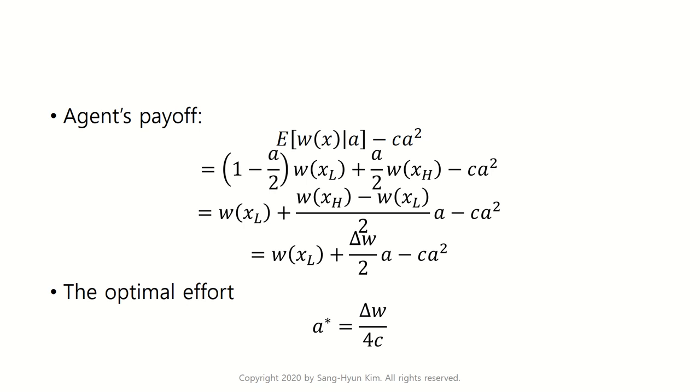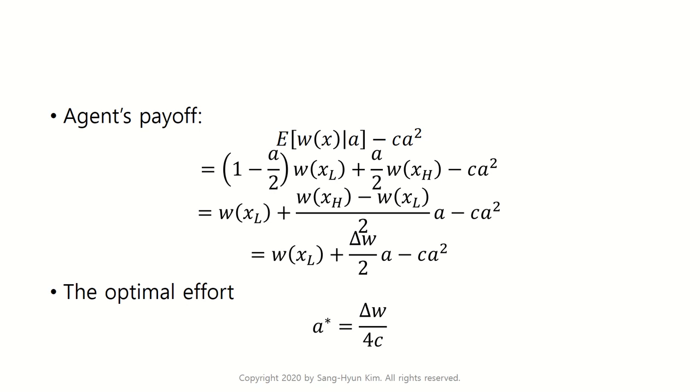Because it looks a little bit chunky, let's introduce a new notation. Delta W is the difference WH minus WL.